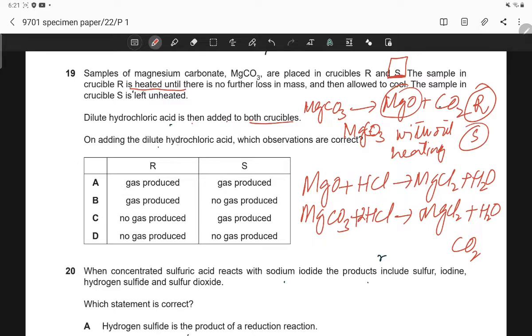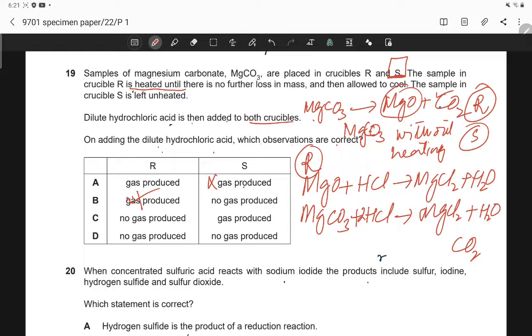So now on adding the dilute acid, which observations are correct? R gas produced, S gas produced. R gas produced, no. This is wrong.